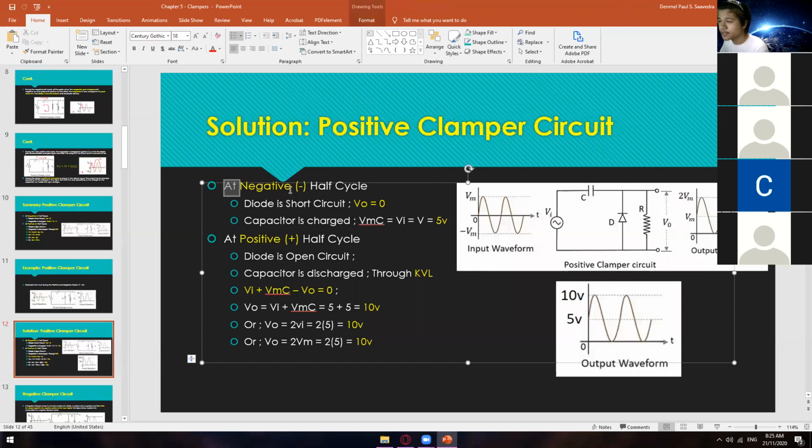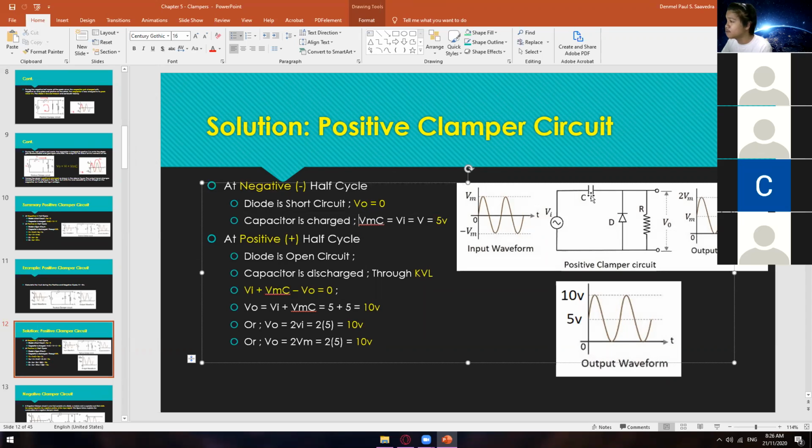As you can see, we've started from negative. So during the negative half cycle, the diode is a short circuit. We have a closed loop here, so of course, it will never be able to pass through our V sub O. So V sub O is equal to 0. The capacitor now is being charged, and then VMC is equal to V sub I. So what is this VMC?